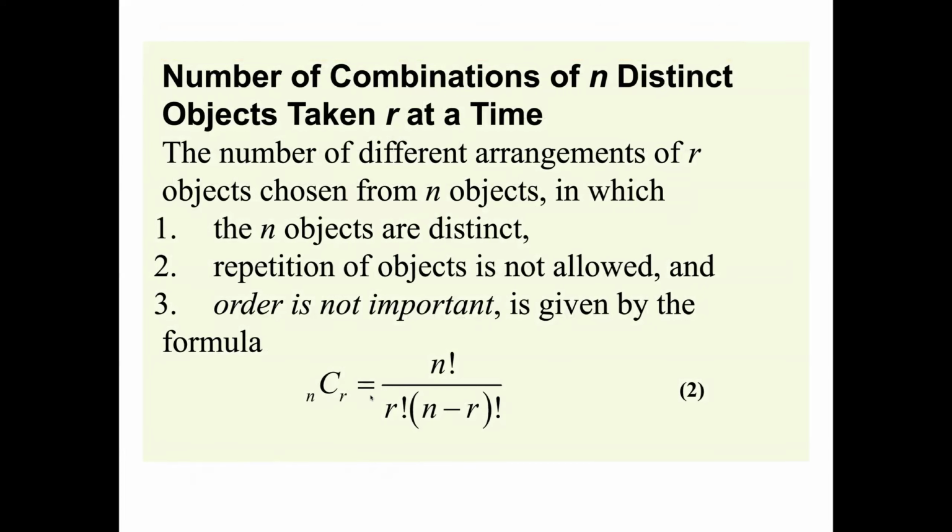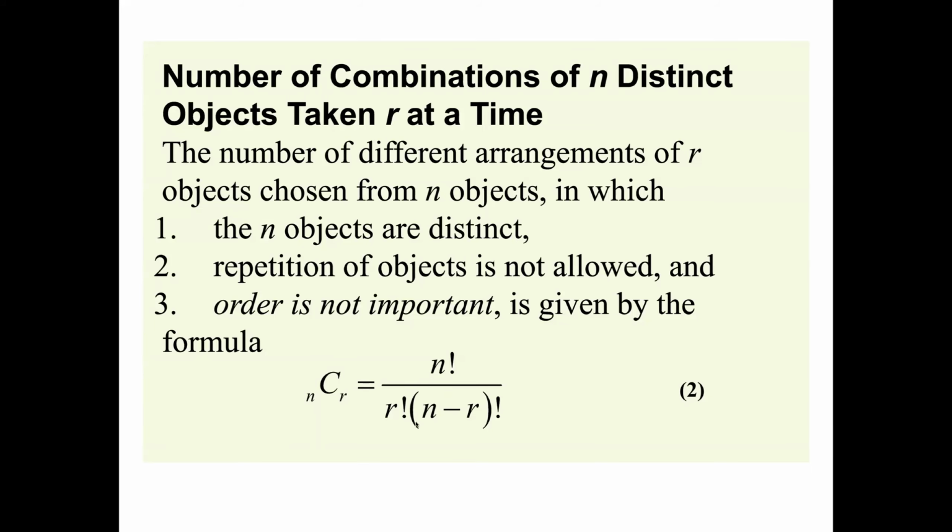Well, we have a new formula for combinations. The important part here is order is not important. The way to distinguish combinations is that order is not important, versus permutations where order is important: first, second, third, as in the horse race example.